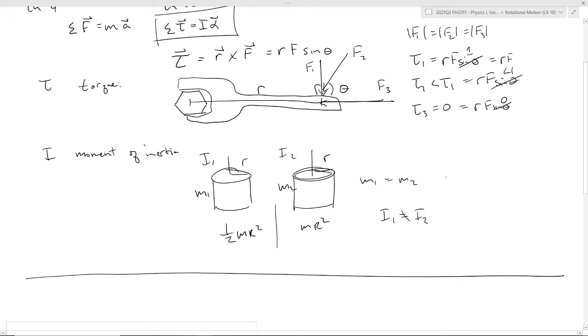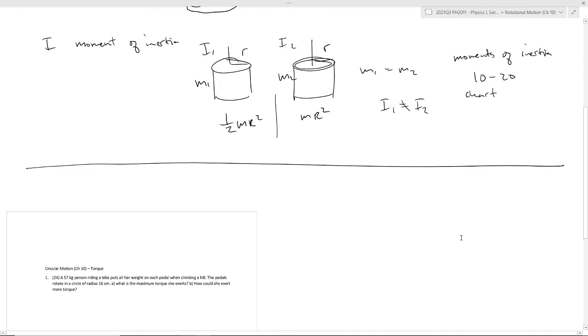Oh, and I would mention too, with regards to these moments of inertia, there's a chart in your book. See chart 10-20. Let me paste it in here and it'll give you a flavor for what I'm talking about.